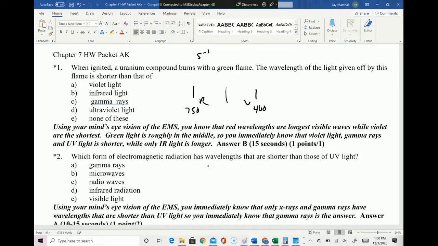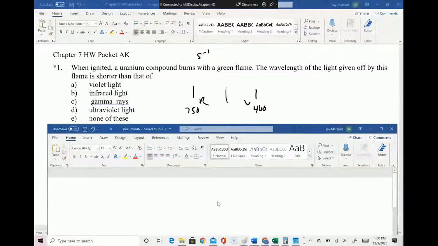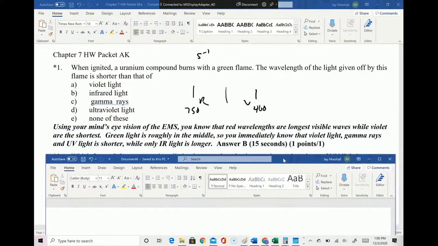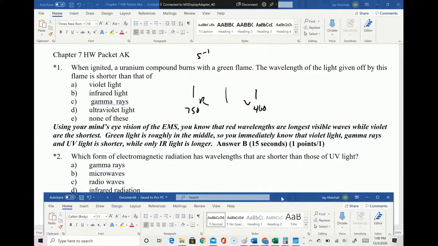Which means to the right of, not to the left of. So you can see how your understanding of the electromagnetic spectrum, if it's really intuitive, can help you solve these really quickly. You should be able to figure that out within about 15 seconds.